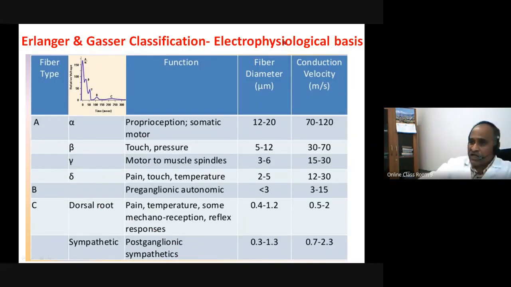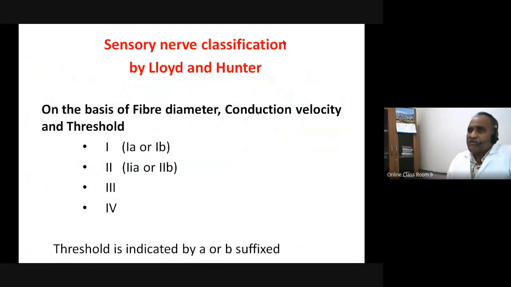This is about the Erlanger and Gasser classification. So, a group of physiologists working in sensory physiology thought that whatever Erlanger and Gasser have given, maybe they wanted to reform it. So now they used the sensory nerve fiber classification, and they considered three aspects: one, fiber diameter, two, the conduction velocity, and three, the threshold.